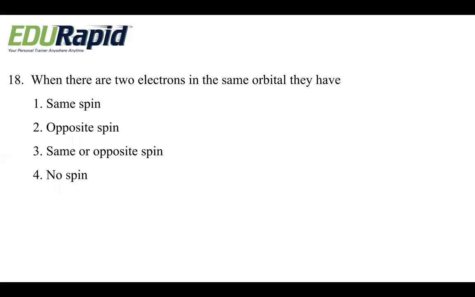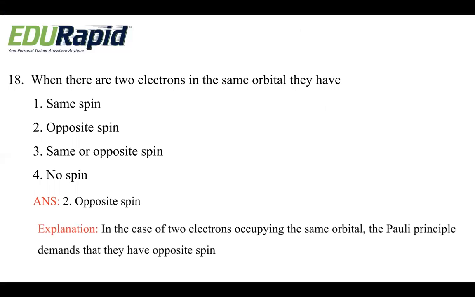The answer is they have opposite spin. In case of 2 electrons occupying the same orbital, Pauli's principle demands that they have opposite spin. Since the electrons have the same charge, there are chances of them repelling each other, so to maintain stability they will have opposite spin.